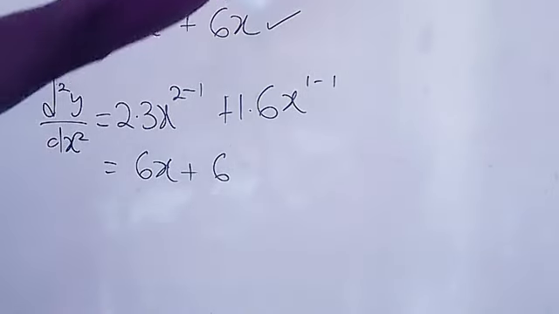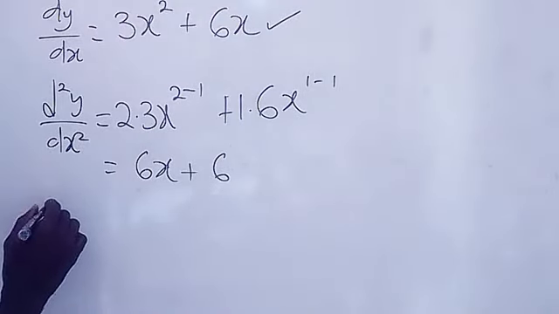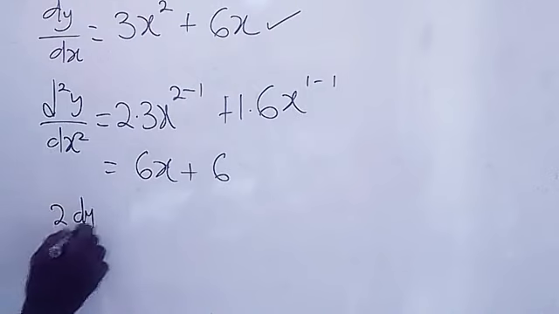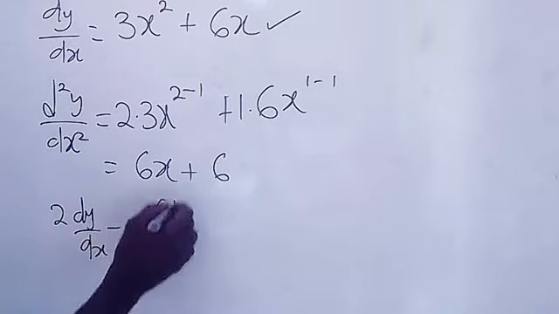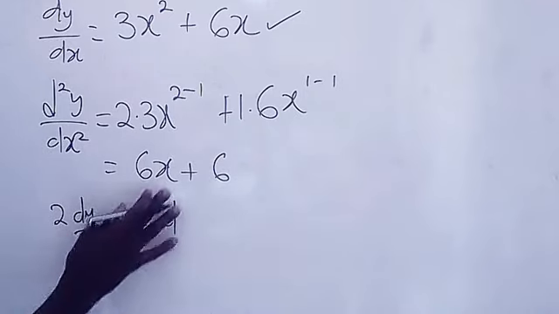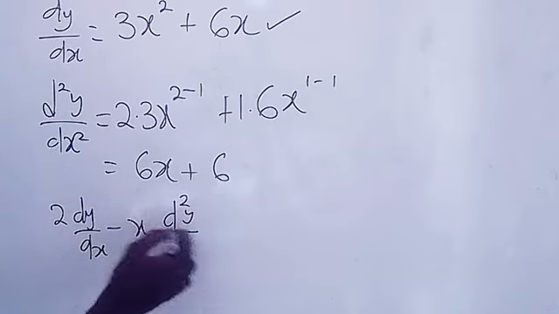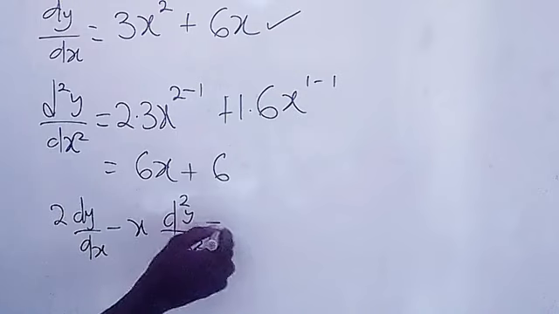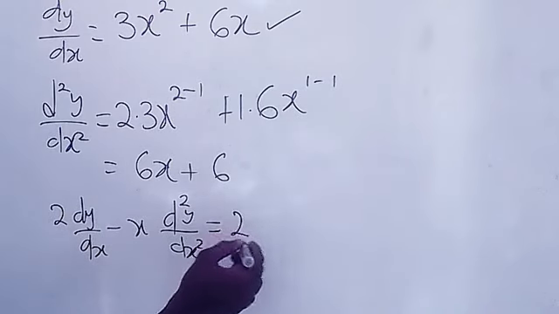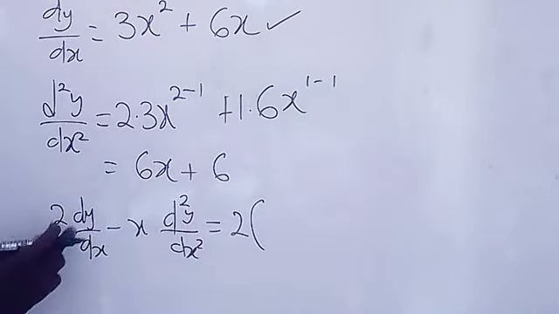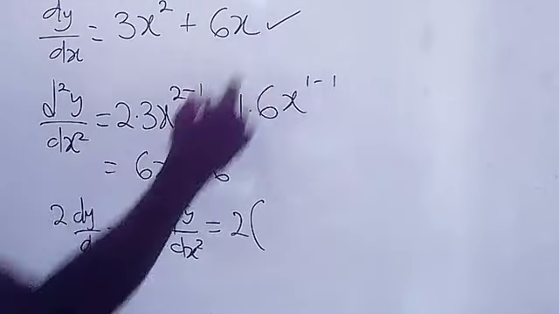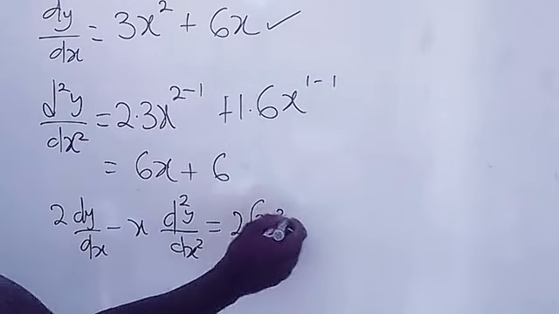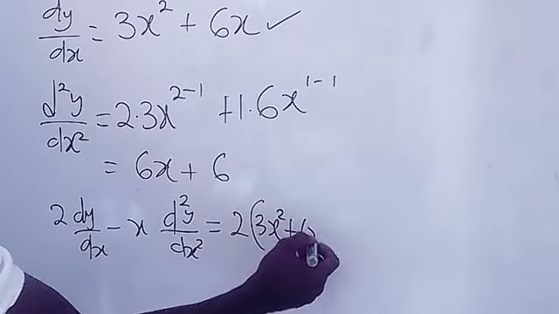Now, what they ask us to find is 2 dy/dx minus x d squared y over dx squared. So this is going to be 2 times dy/dx, which we are given is what we have, 3x squared plus 6x.